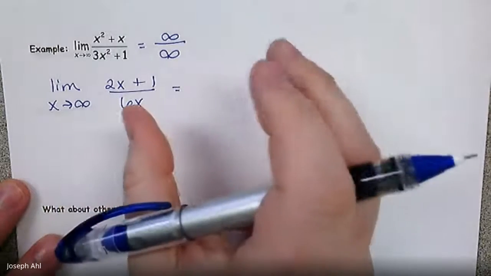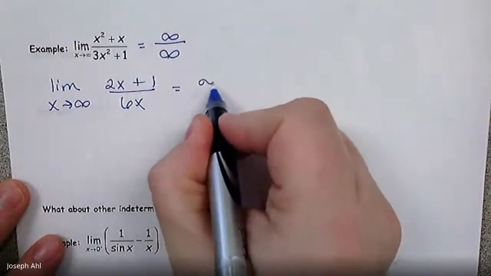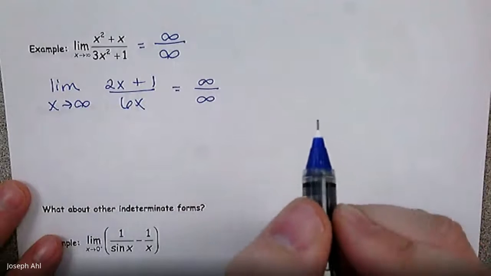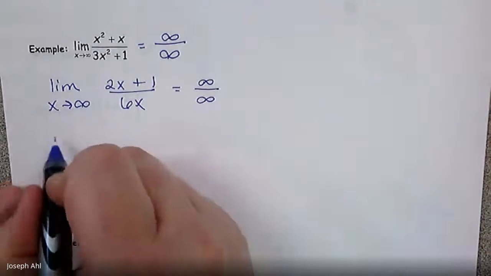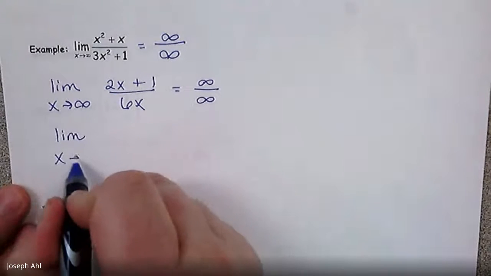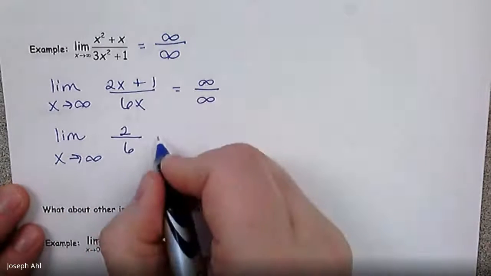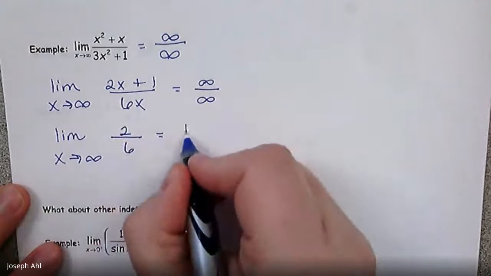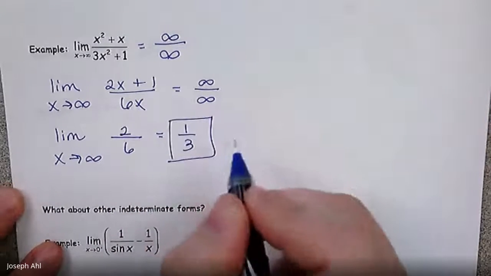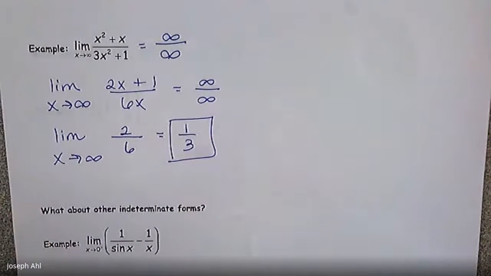If I plug in infinity, top is infinity, bottom is infinity. Okay, that didn't really help me the first time, so we can go again. Limit as x goes to infinity of, well, now we have 2 over 6. So we reduce it down to these constants. We eventually break this down to know that the limit as x approaches infinity is 1/3.